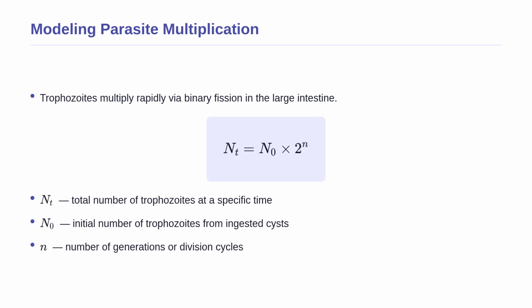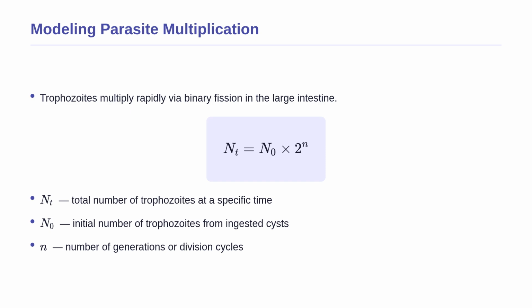This rapid spread within the body brings us to the mathematics of the infection. Once the parasite reaches the large intestine, the active trophozoites multiply through binary fission, where one cell splits into two. We model this rapid population explosion using the exponential growth formula.